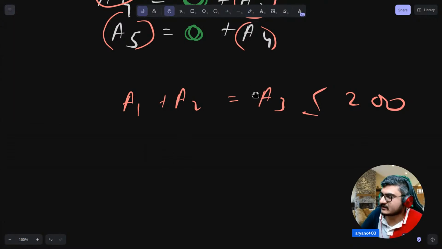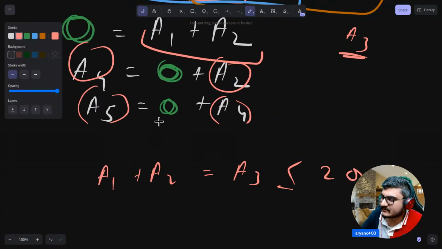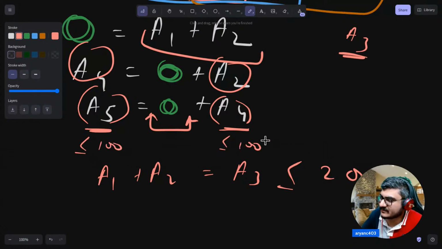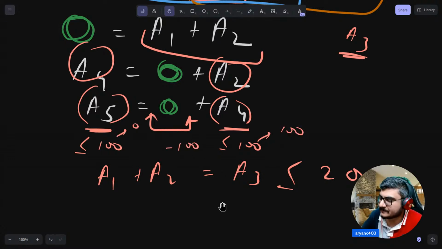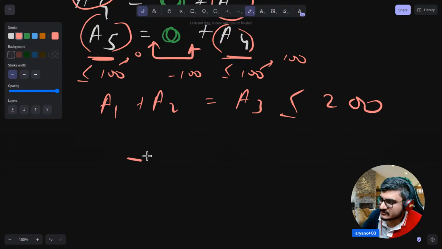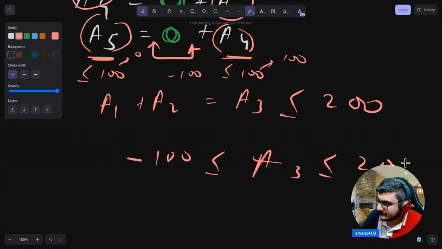Similarly, if this is less than or equal to 100, and this is less than or equal to 100, in the worst case, let's say this is 100, this is 0, then you need minus 100 here. So what you can also do is try out all the values of A3 between minus 100 and 200. And that can be your solution.